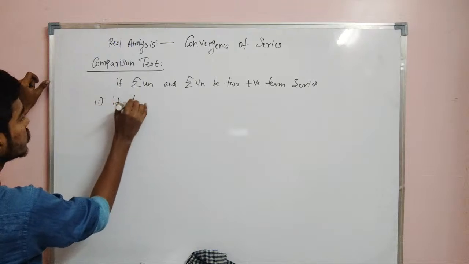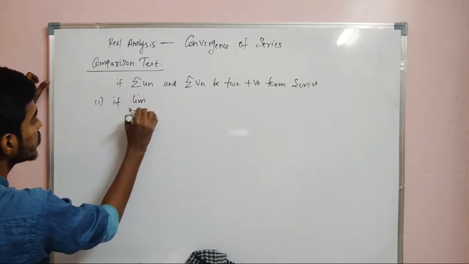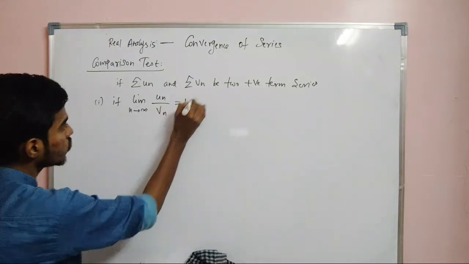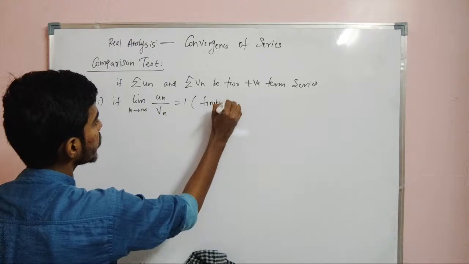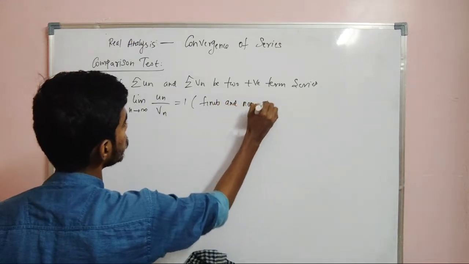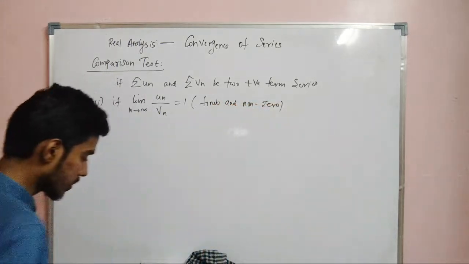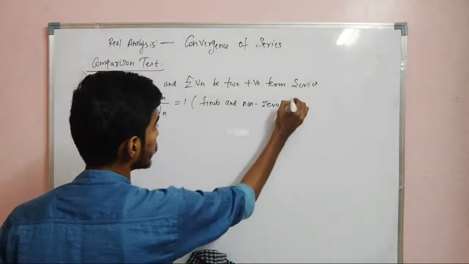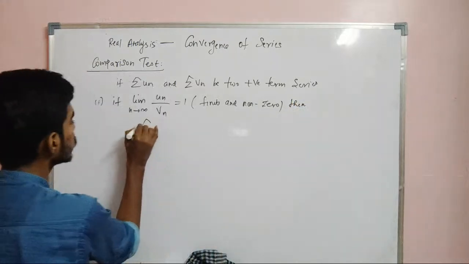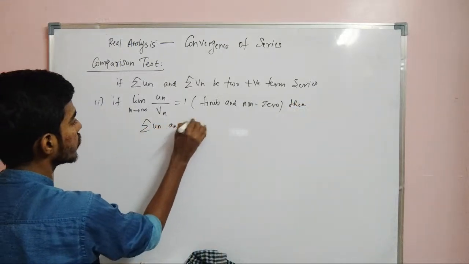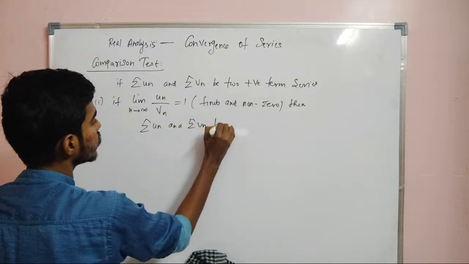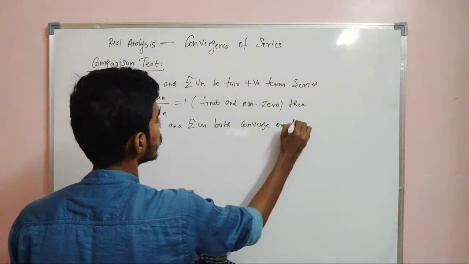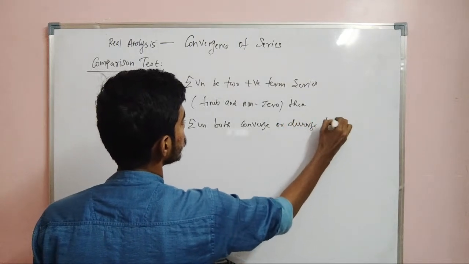First case: if the limit as n tends to infinity of un by bn is finite and non-zero, then summation un and summation bn both converge or diverge together.